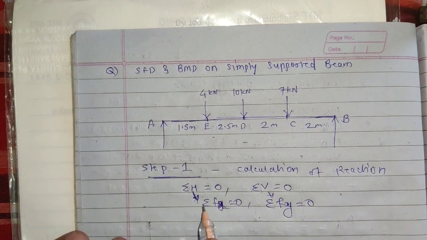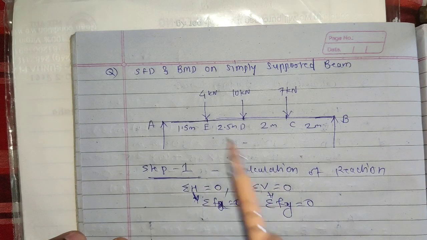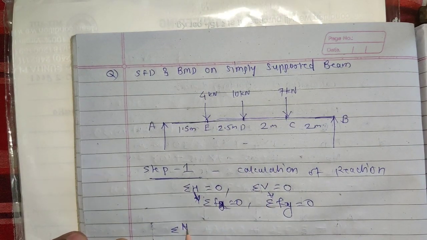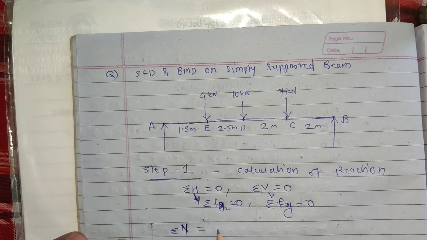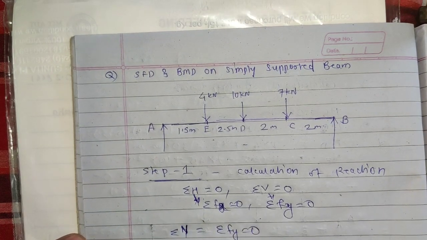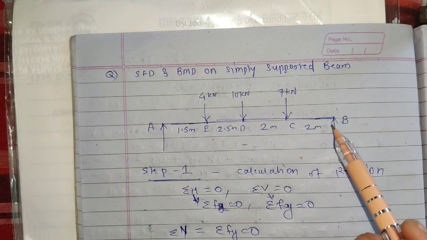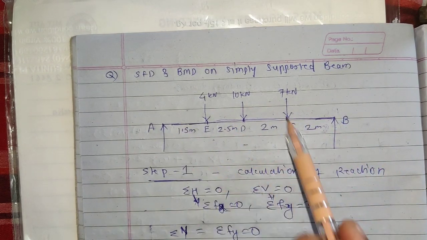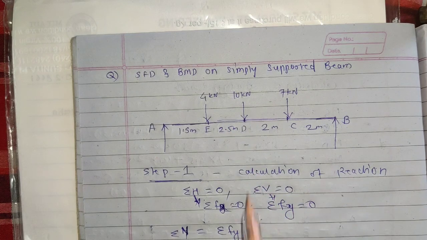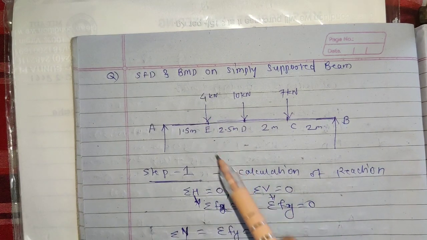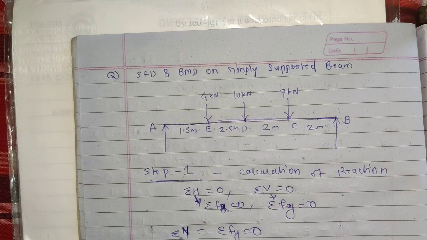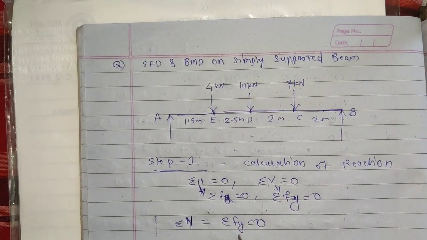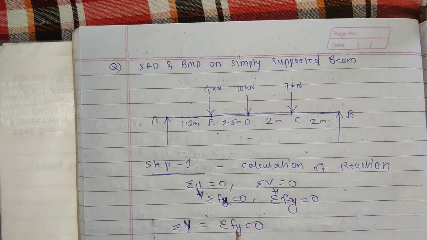So what we take is the summation of vertical force, or summation of Fy equals 0. You can see that there is no horizontal force shown in this diagram, so we will take only vertical forces.